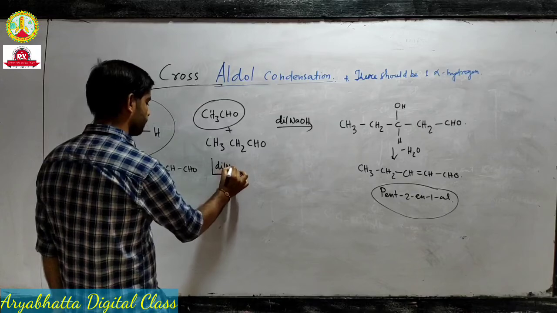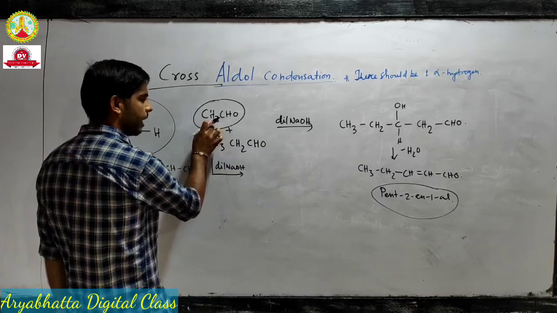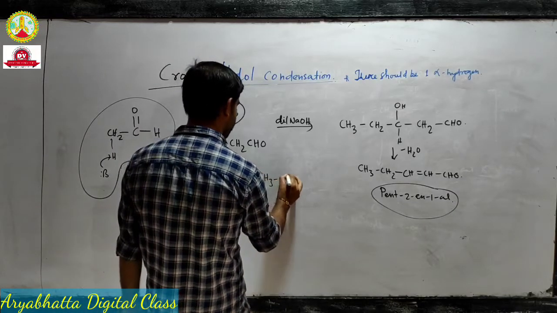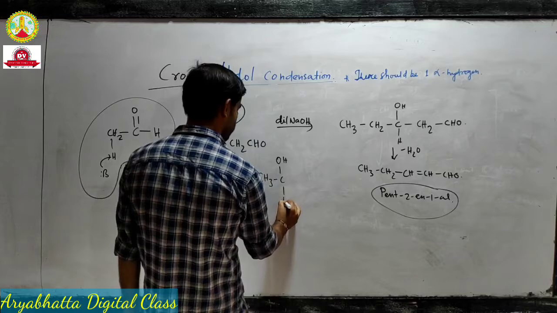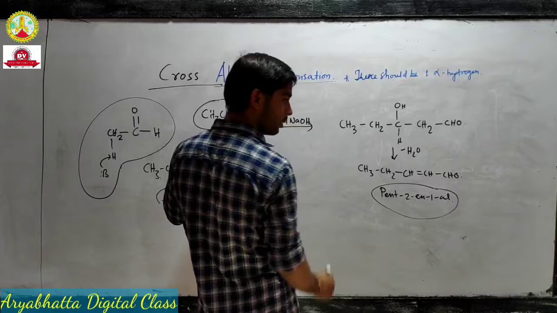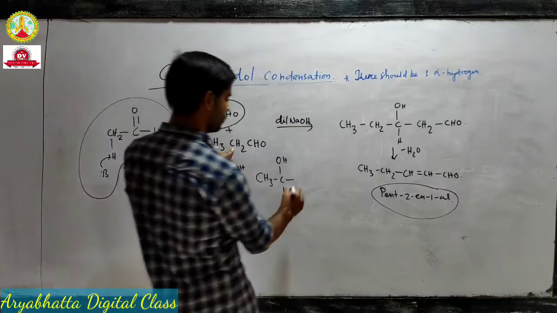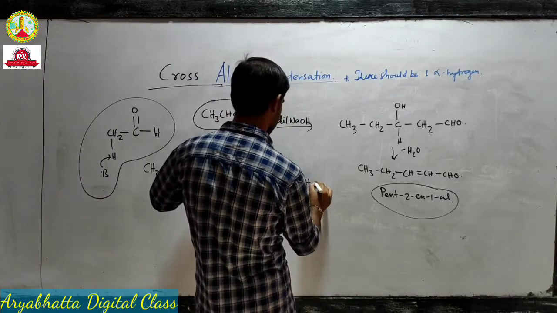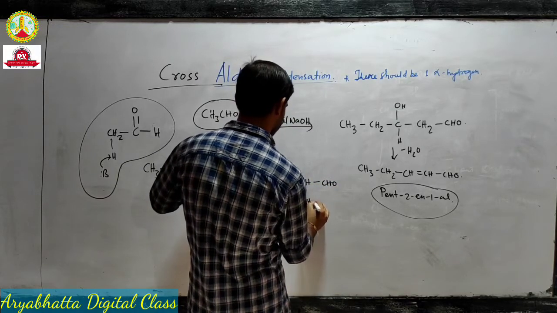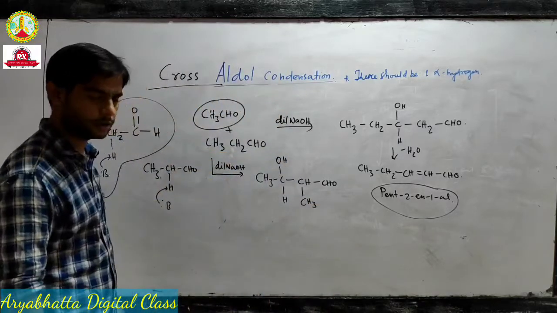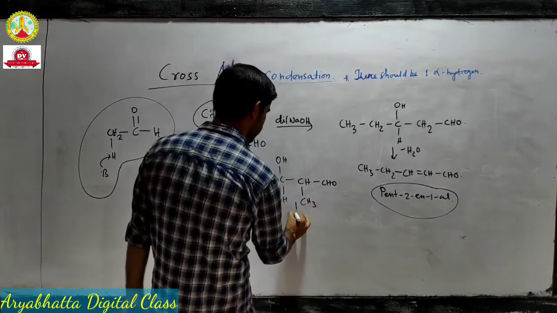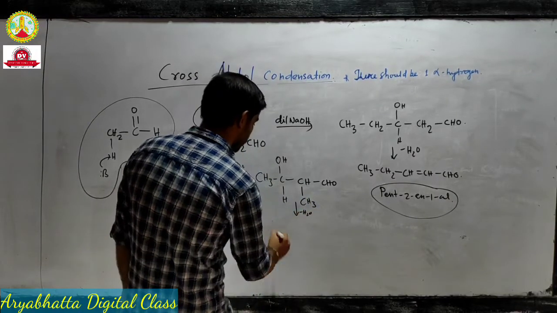So dilute NaOH, and last time I removed hydrogen from here, this time I will remove hydrogen from here. So the ethanol part will be converted to this, and the hydrogen will be removed from here. So there will be a CHO, and CH2 will remain here. So this is what we got. And after the elimination, what we will get?